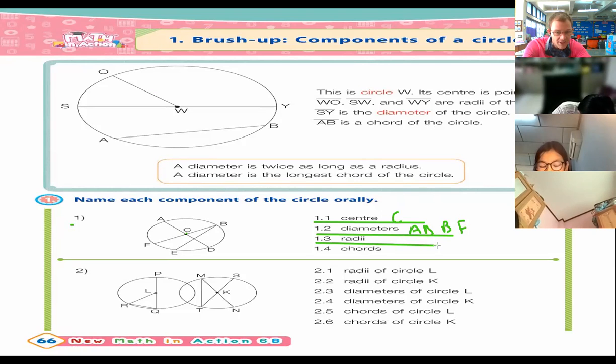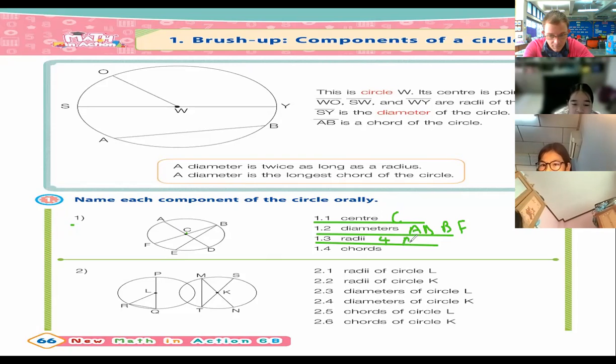How many radii do we have? Remember, one radius, two radii, so it is a plural name. Four. We have four of them. Excellent. And the names of the lines are?